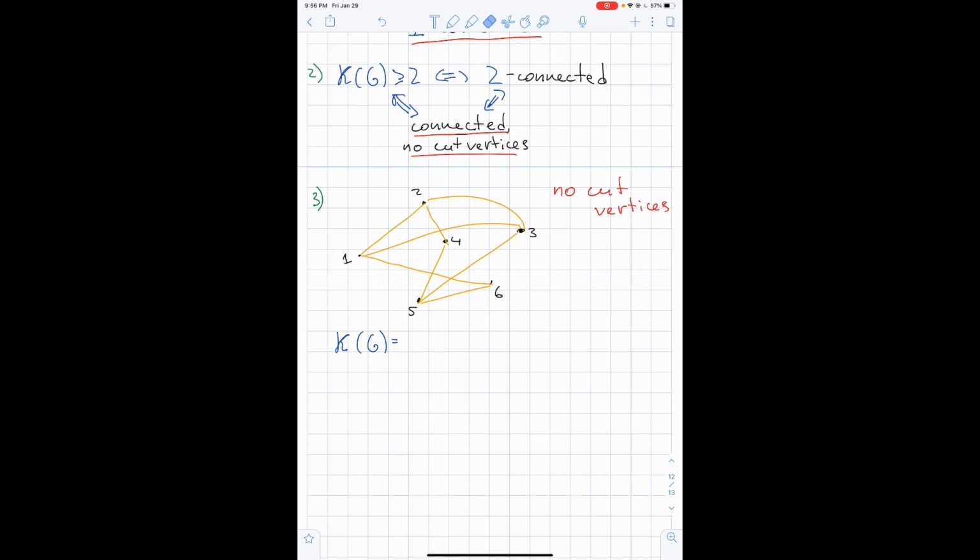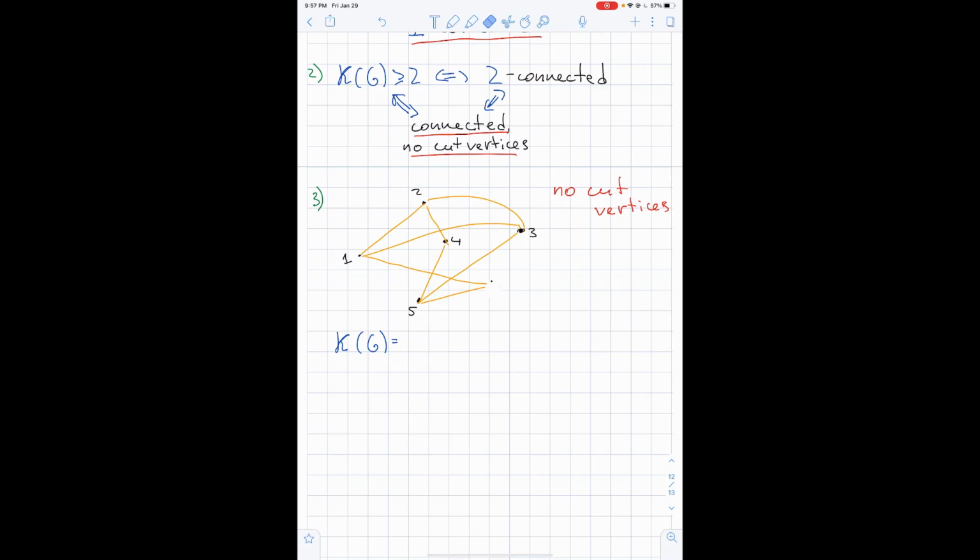If we remove 2, still connected. So 2 is not a cut vertex. Let's try to remove 3. Well, that is connected as well. 4, connected. 5, connected.